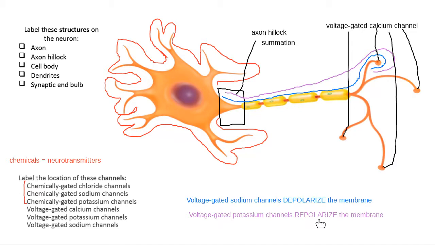So at the axon terminal, I also have to have voltage-gated sodium channels and voltage-gated potassium channels that help me reach the voltage I need to open up the voltage-gated calcium channels.